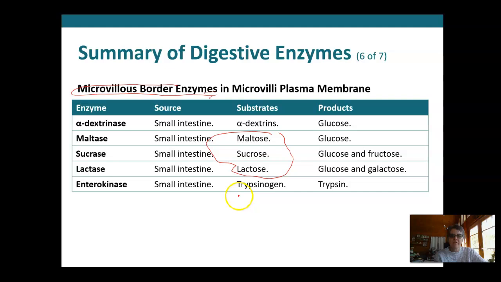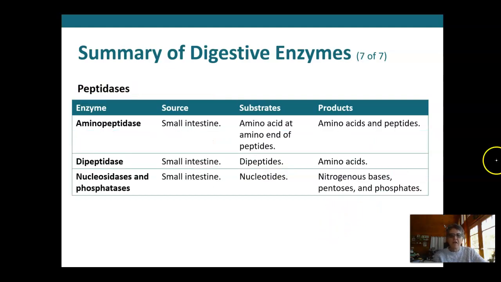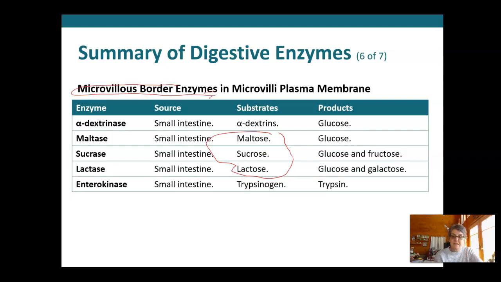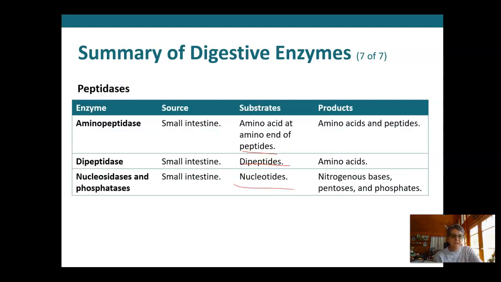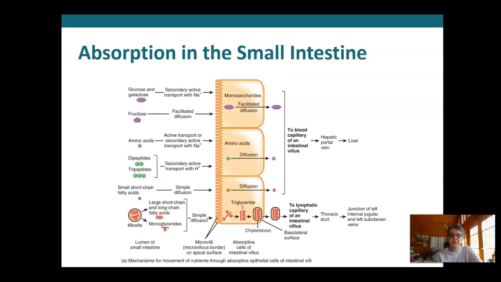We have them for proteins, including activating trypsin. Here we have amino brush border enzymes for breaking down proteins, and brush border enzymes for breaking down nucleotides. But no brush border enzymes for lipids. I need to remember that.